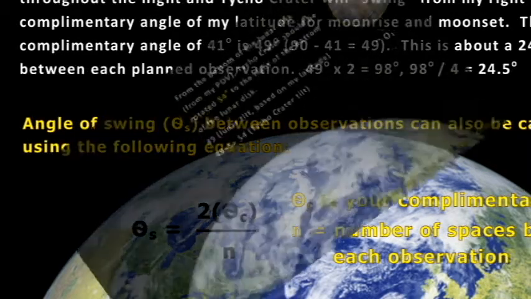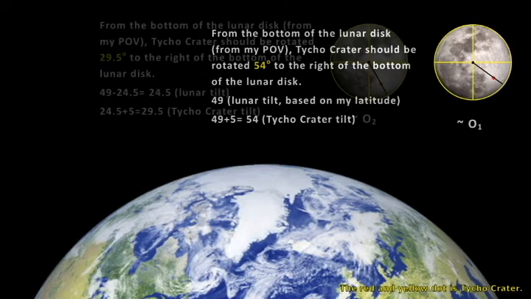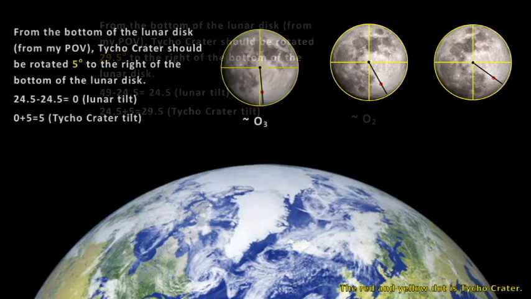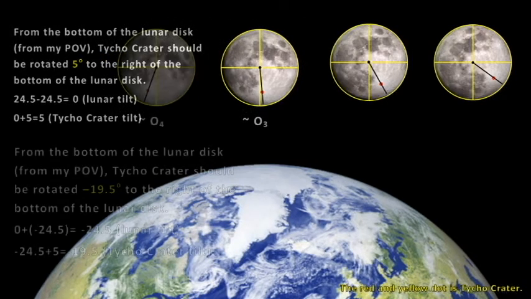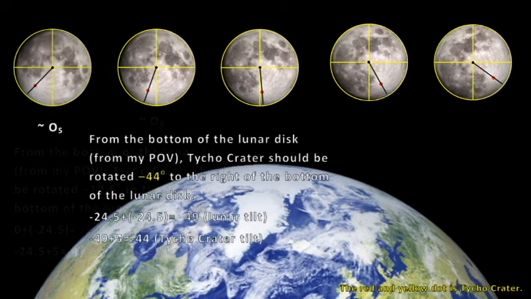Okay, so now here are my predictions for all 5 observations. There's 01, 02, 03, 04, and 05. So this is what I expect to see, how Tycho's going to look.